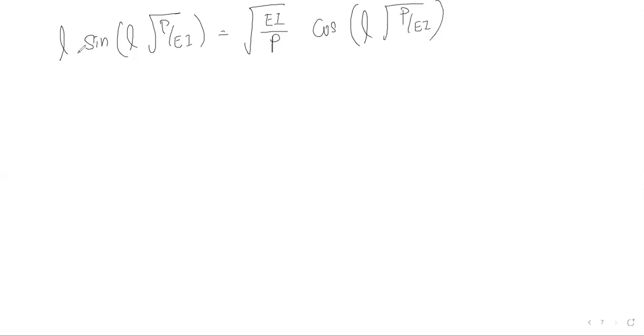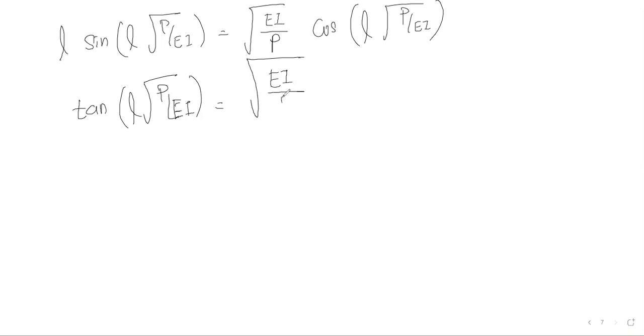Now this term is going to be here and this cos term going to be here. Since sin by cos we know is tan, tan L root under P by EI is equal to root under EI by P, the whole term divided by L.